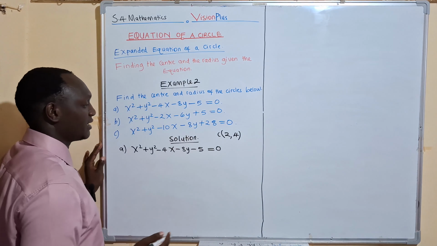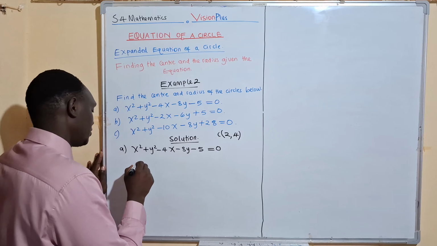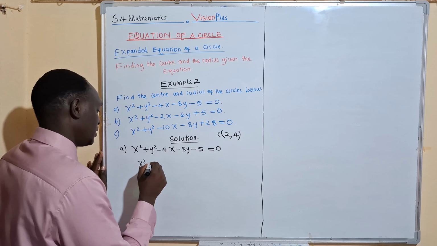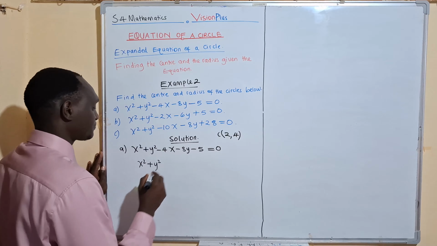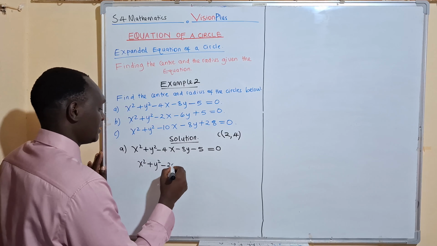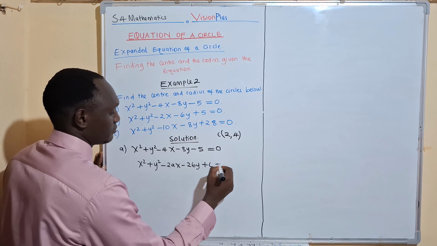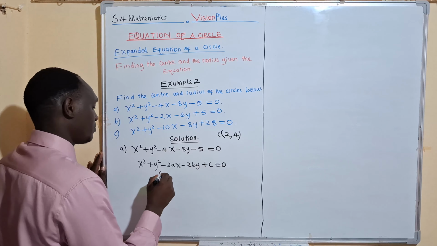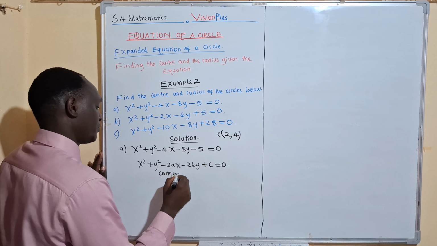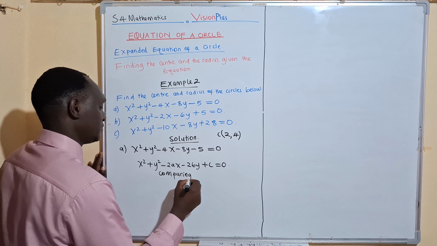Then we go on and find the radius. But let me compare it to the given equation of the circle, which is given by this format. So on comparing, what do we notice?